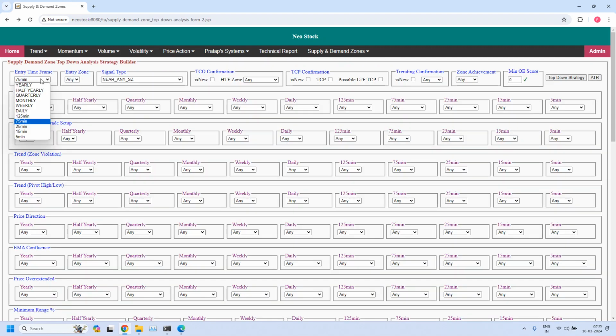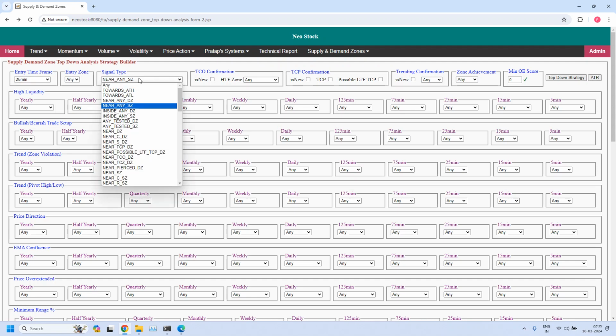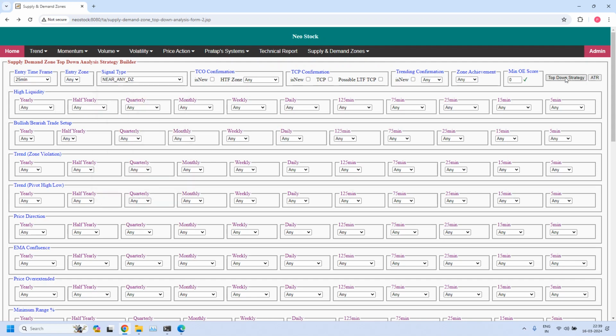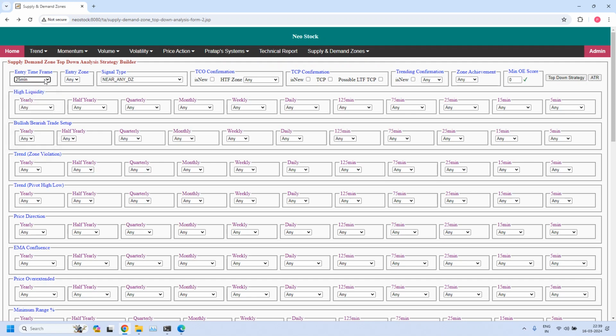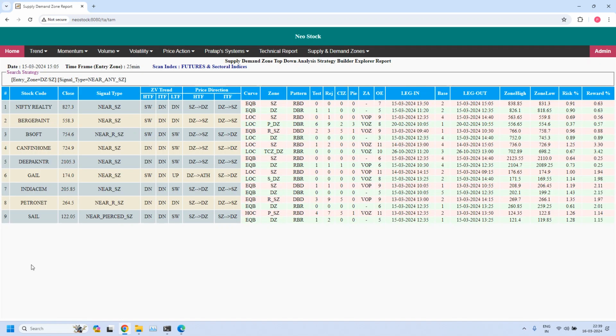So let's go back. Let us change the time frame to 25 minutes and find the stocks near 25 minutes demand zone. Only these 6 stocks are filtered. For 25 minutes time frame, let us find the stocks near 25 minutes supply zone. These 9 stocks are filtered.